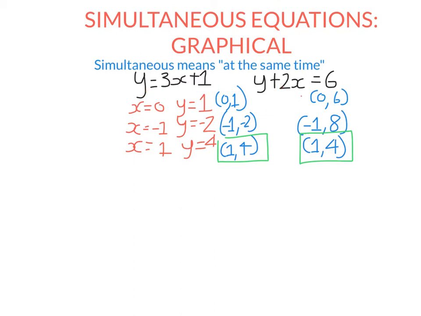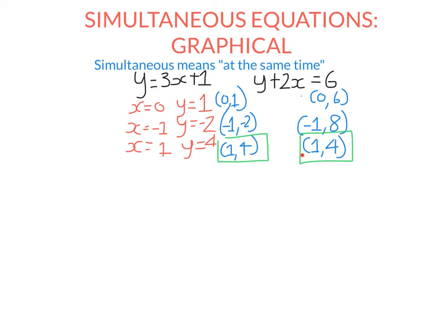The reason 0, 6 is not a solution to this equation: if I substitute y equals 6 and x equals 0, I get 6 equals 3 times 0 plus 1. That is not a true statement. 0, 6 is a solution to this equation, but not to this equation. As I said, there is only one solution that solves both equations at the same time. So that's what we're looking for when we're solving simultaneous equations.